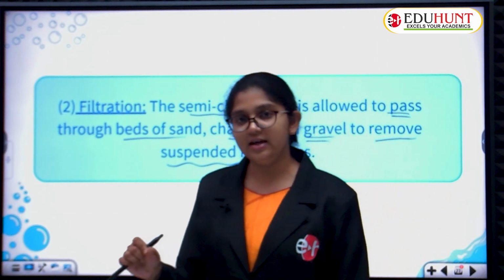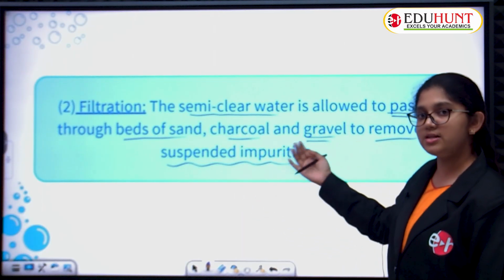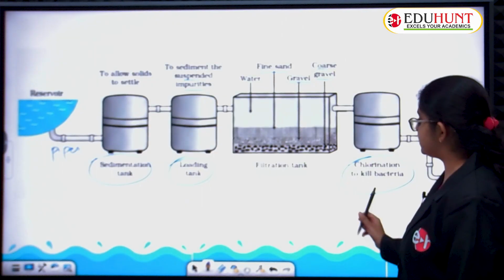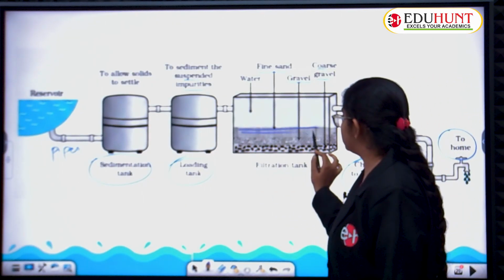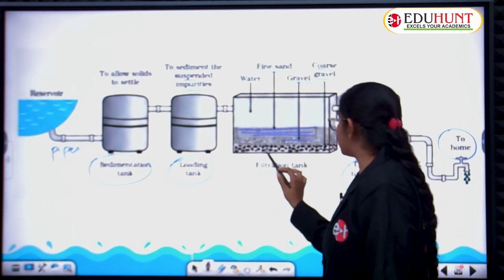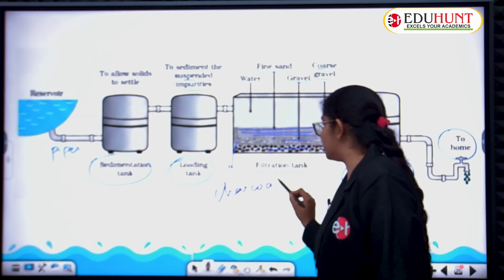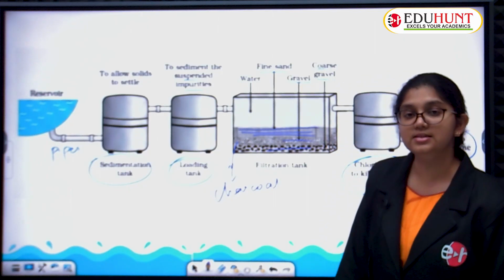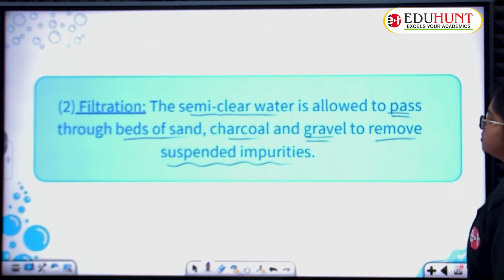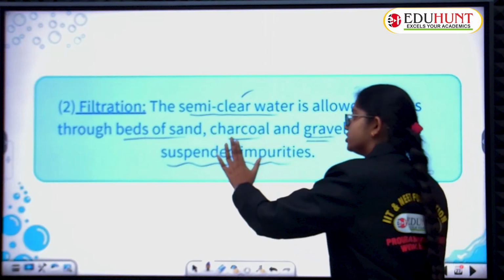Okay, top layer is sand, beds of sand in the sense of layers, coarse gravel is there, and here is also the presence of charcoal. What happens? These separate the impurities from the semi clear water. And this is all about the filtration step, the second step.